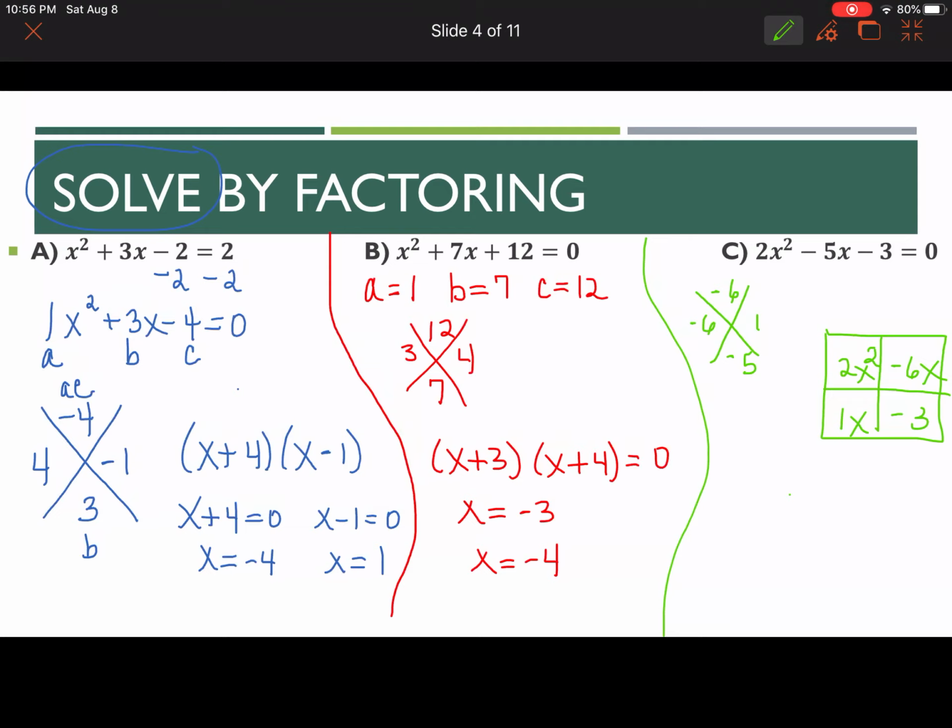So we're going to take out our greatest common factor from each row. Okay, and we get 2x plus 1 equals 0, and x minus 3 equals 0. And when you solve, our first solution is negative 1/2, and our second solution is positive 3.